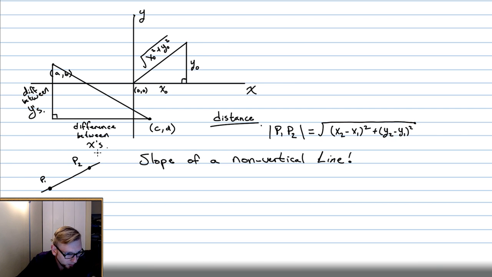And they'll both have their corresponding x and y components. And the slope of the line is how much it changes in its rise versus its change in its run. So its rise is its changes in y and its run is its changes in x.